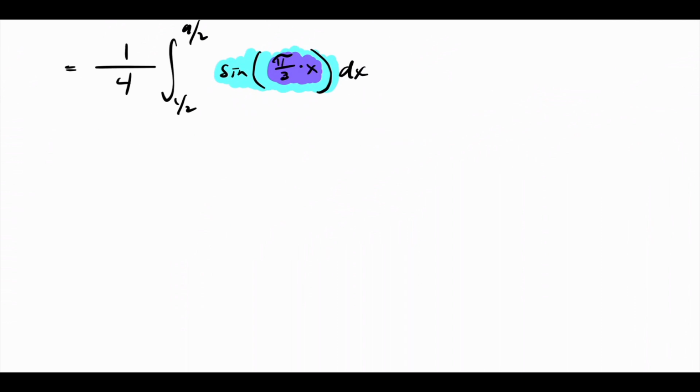Okay. U is pi over 3 x, du is pi over 3 dx. Divide by pi over 3.